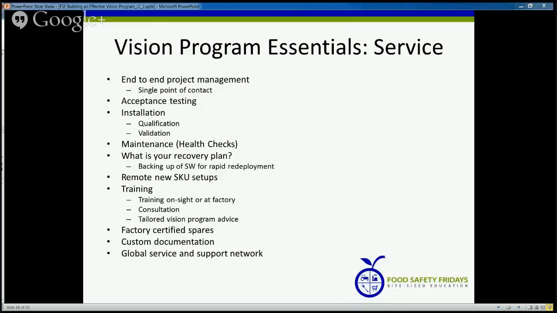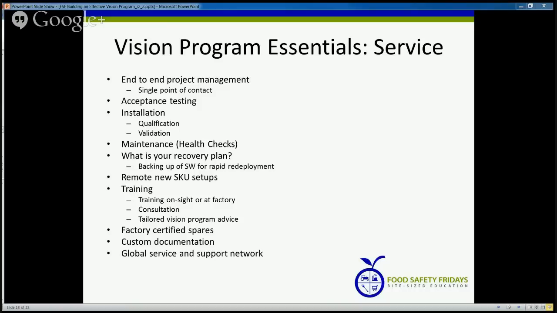Also, acceptance testing, having a way to verify that the system is working as expected before it even leaves the facility where it was produced, even before it's on your line. Installation and qualification, or installation, qualification and validation, is a very important step as well, making sure that the system gets on the line, is set up correctly, and is working.